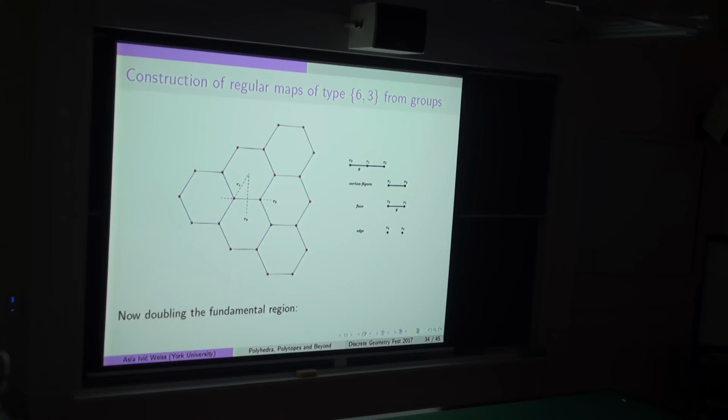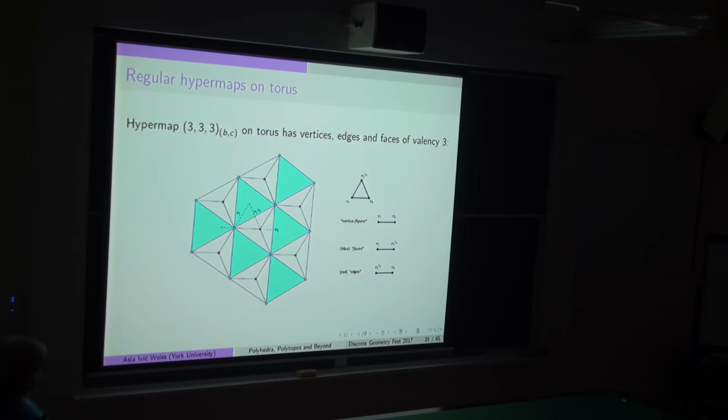And now we double the fundamental region, and what you get is a hypermap. As you double the fundamental region, the group generated by R0, R1, and R2 now will be generated by three involutions, keeping R1 and R2, dropping R0, but taking the conjugate of R1 by R0. And that's how you get a hypermap.